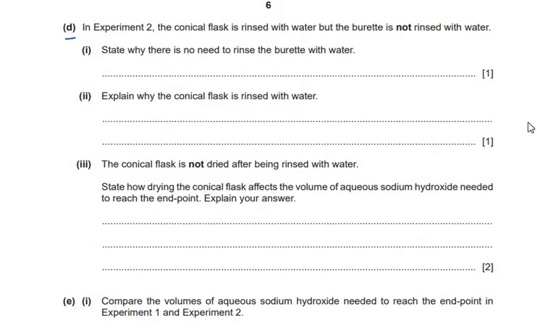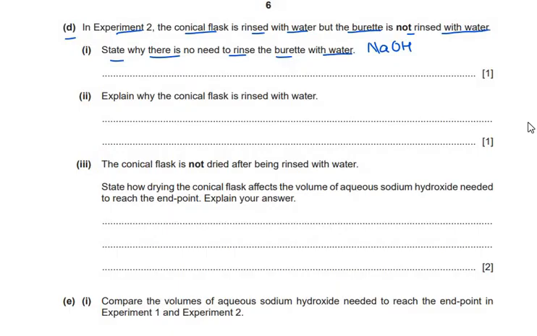Okay, the D sub question says in experiment 2 the conical flask is rinsed with water, but the burette is not rinsed with water. State why there is no need to rinse the burette with water. The simple thing is that in the burette we had filled sodium hydroxide, and the volume, concentration and type of solution added to the burette are the same as experiment 1. So we don't need to wash or rinse it with water.